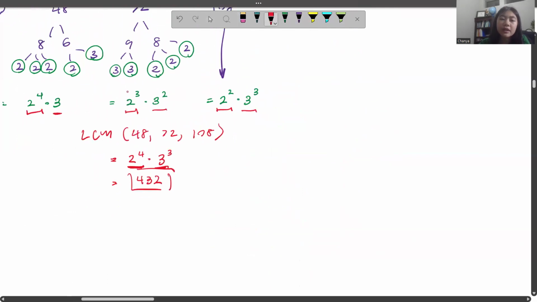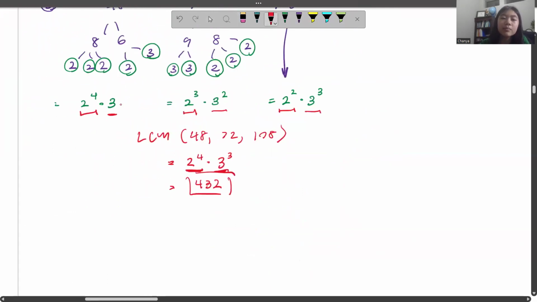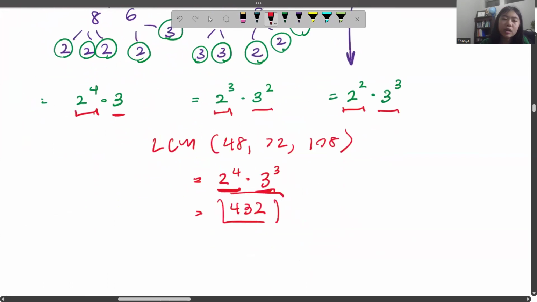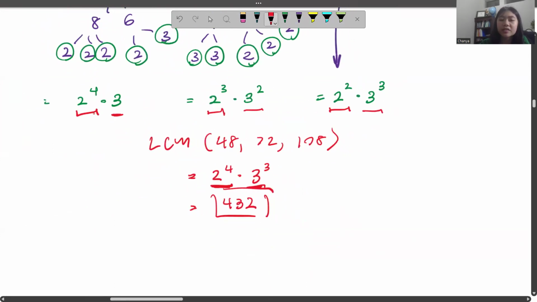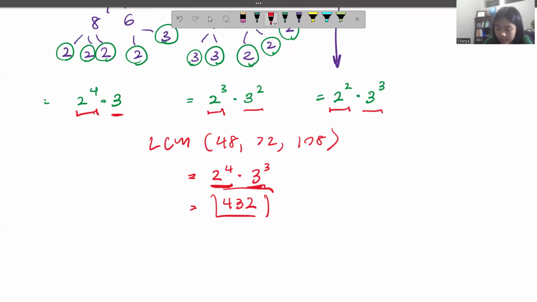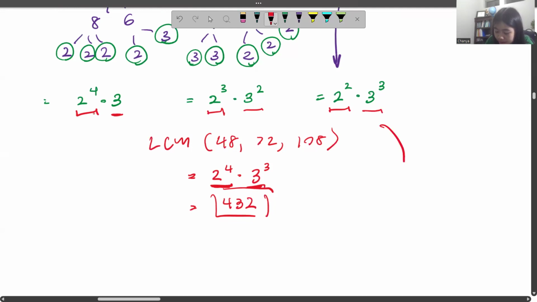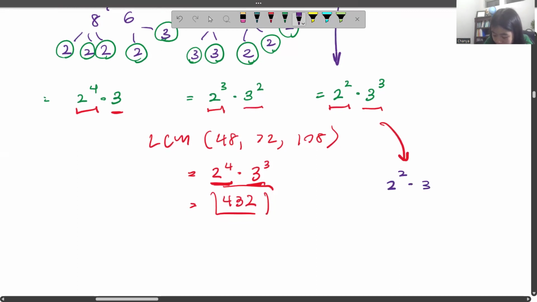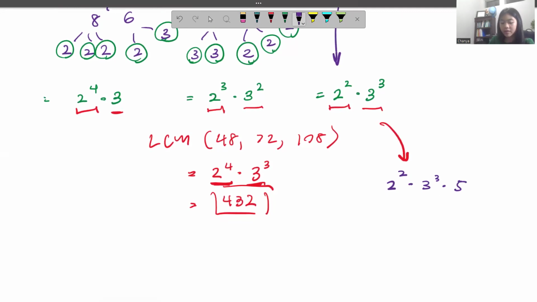If you have a prime factorization with more than 2 prime factors, suppose instead of 108 here, you had a number with the prime factorization 2 to the power of 2 times 3 to the power of 3 times 5. And you wanted to find the LCM of this number and this prime factorization.